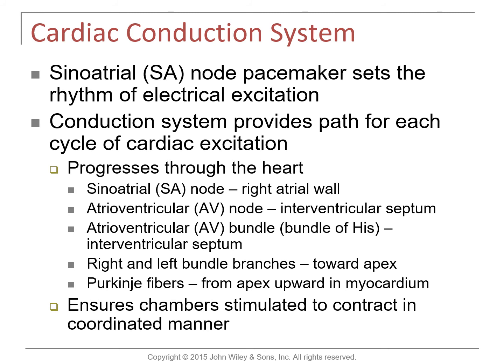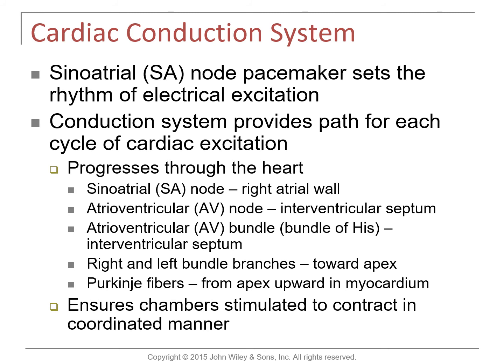The signal will then pass down to the atrioventricular node, a bundle of cells located in the superior interventricular septum. The signal is partially delayed at the AV node before continuing to the atrioventricular bundle, also known as the bundle of His, also located in the interventricular septum.